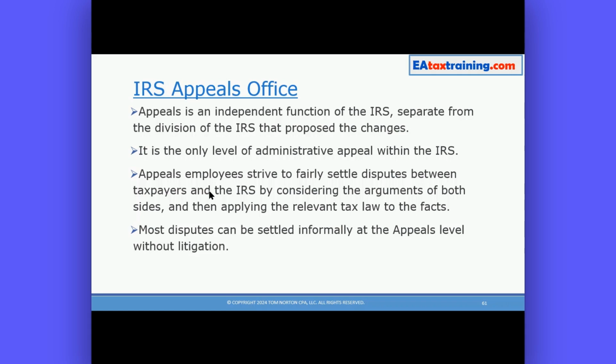The vast majority of cases are settled way before they go to court, and they're settled either without even going to appeals or through the IRS Appeals Office. And you, as a representative of the taxpayer, will be the one doing a lot of those negotiations and coming to those settlements with the IRS.